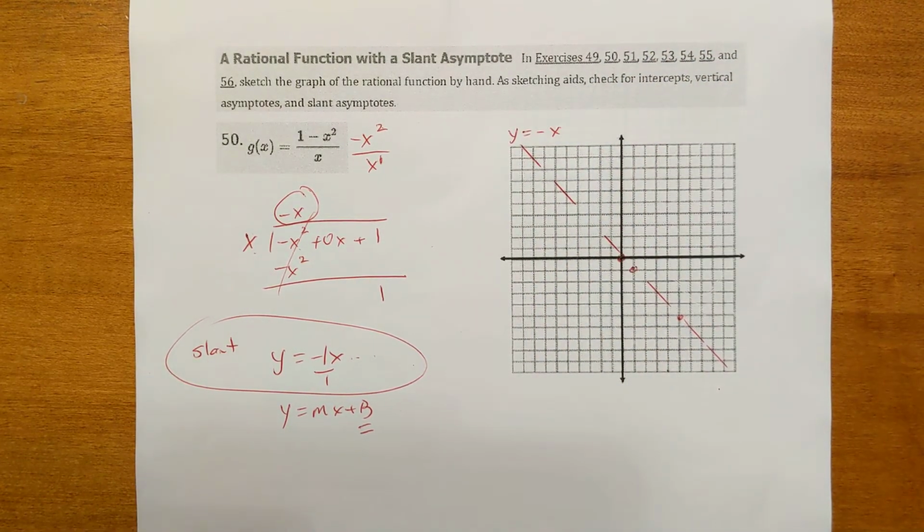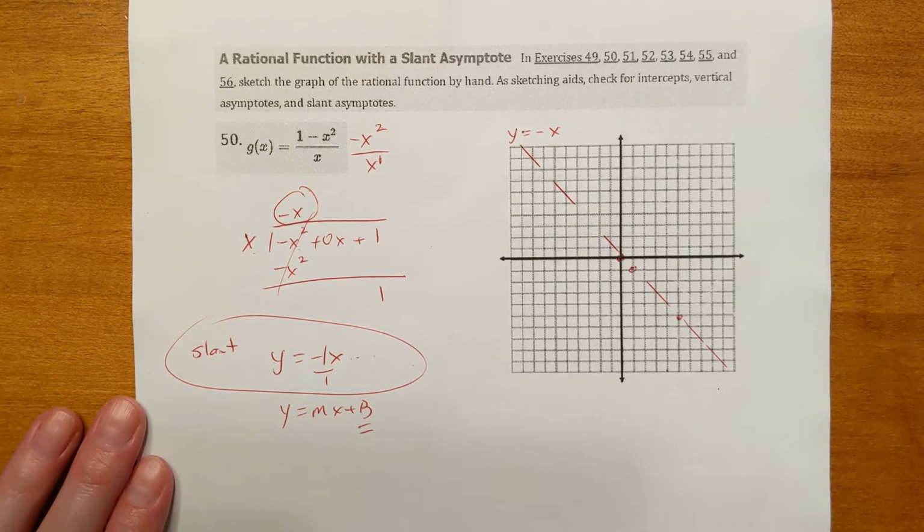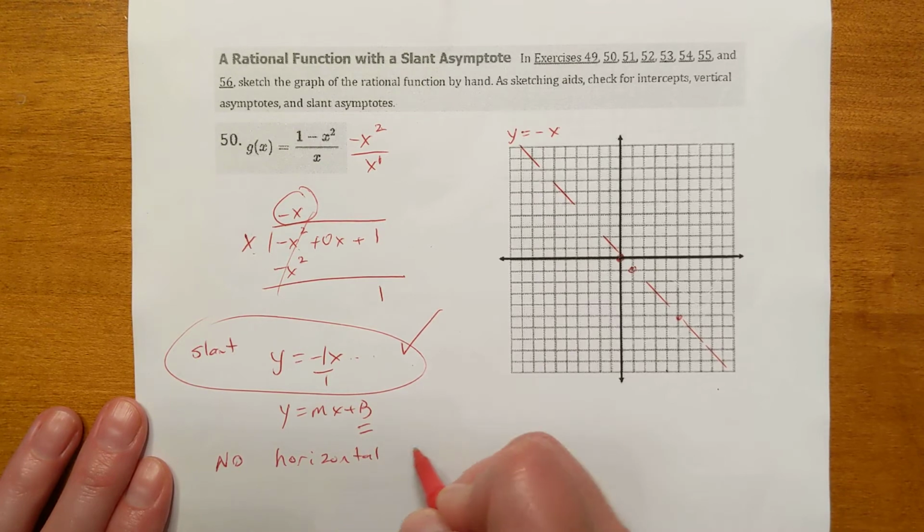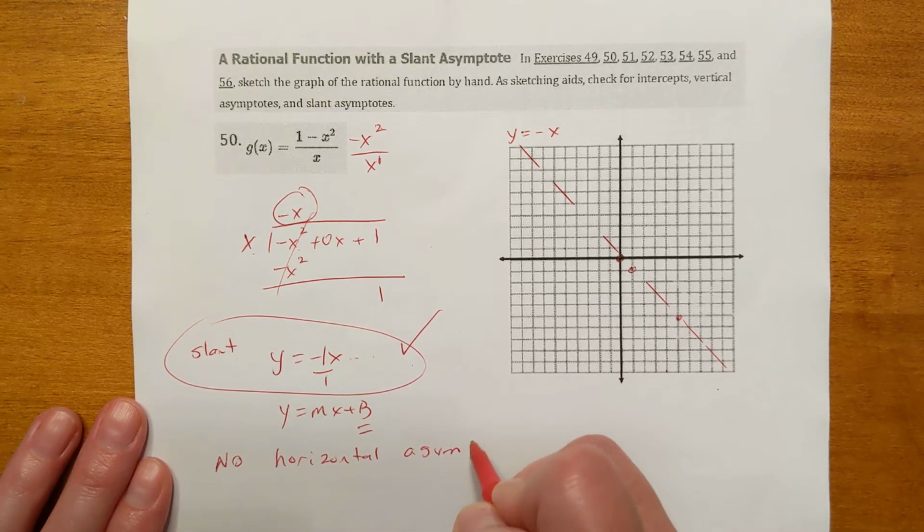And again, I didn't say it, but you're not going to have a horizontal and a slant asymptote. You have one or the other. So since we have a slant asymptote, there is no horizontal asymptote. You're not going to have both.